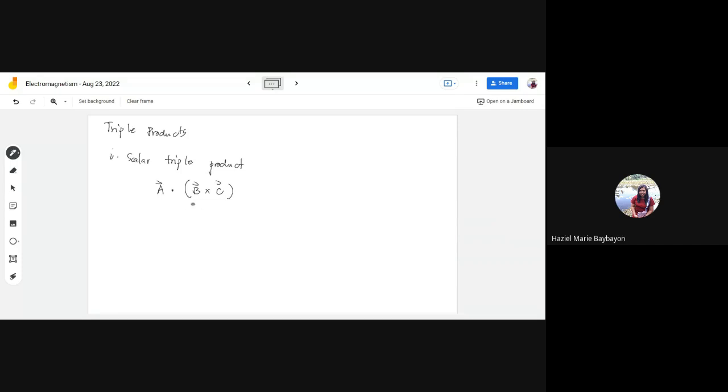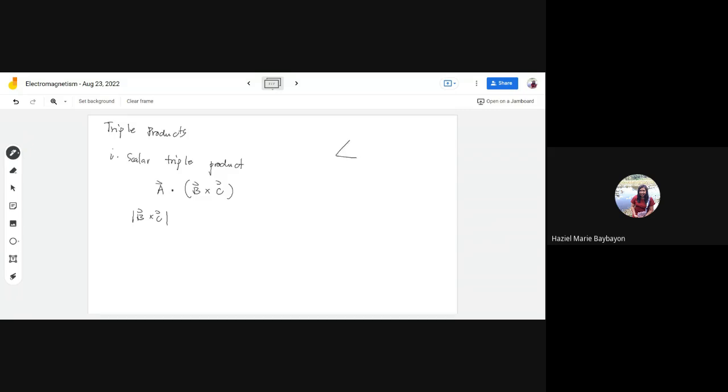Okay? So, this is the magnitude of B cross C, as we already discussed. The magnitude of B cross C is actually the area of the parallelogram formed out of vectors B and C. The scalar triple product is the volume of the parallelepiped.